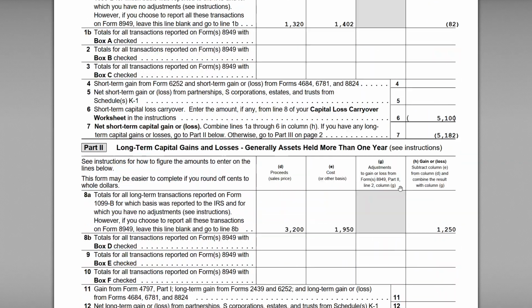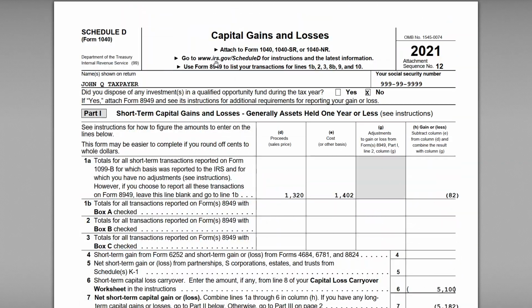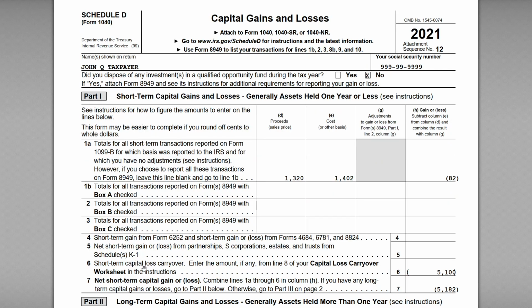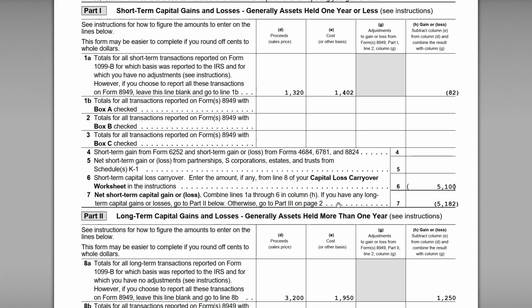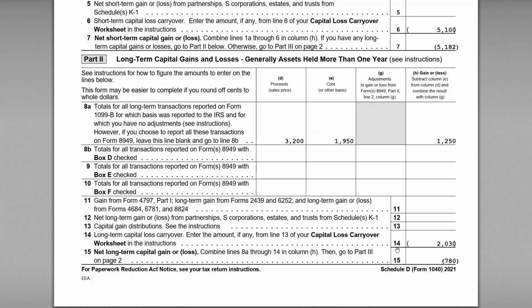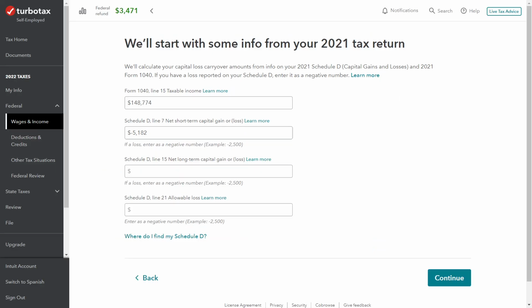So if I scroll down to Schedule D, here's Schedule D, capital gains and losses. Line 7 is negative 5,182. So that's the loss amount, minus 5,182. I'm going to go ahead and enter that. Then it's asking us for line 15, net long-term capital gain or loss. Scroll down to line 15 here, negative 780, so a loss of $780.